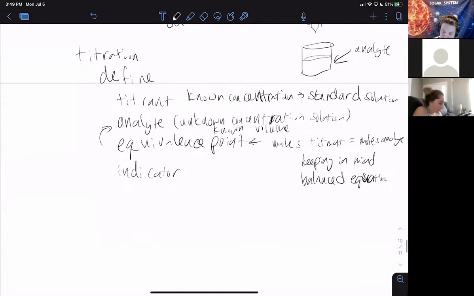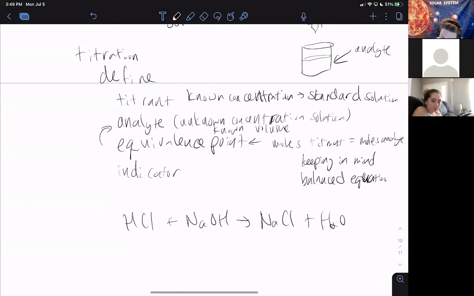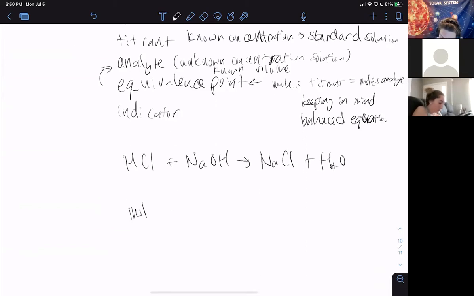What I mean by that is if we have HCl plus NaOH producing NaCl plus H2O, when our moles of HCl are equal to our moles of NaOH, that is our equivalence point.